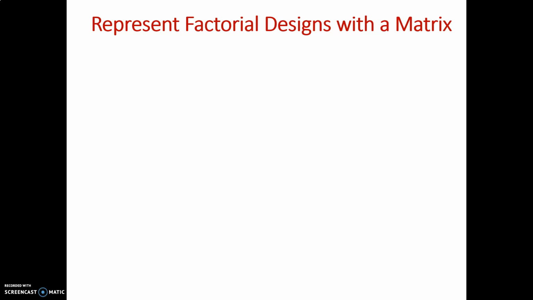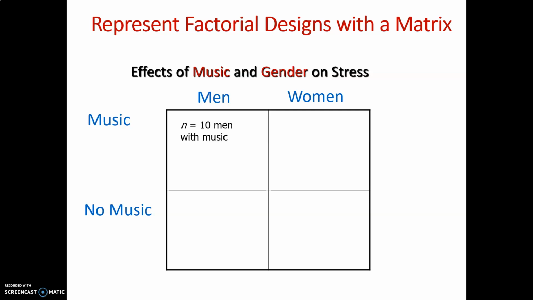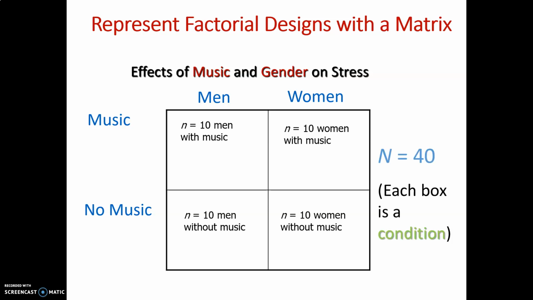Now, we often represent factorial designs with a matrix, a kind of table that looks at these factors in combination. So if we wanted to look at the effects of music and gender on people's stress levels, we will put one of those factors and its levels across the top for the columns, and we will put the other factor down the side in its levels so that we can see how these two things might interact, and we'll get a sample of people in each of the groups to give us a total sample size.